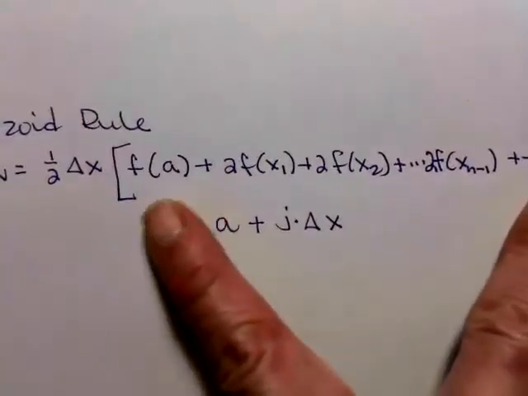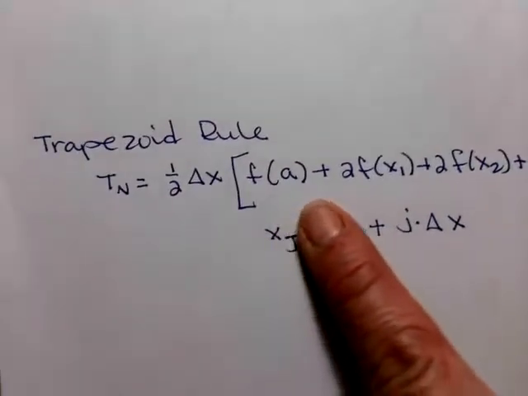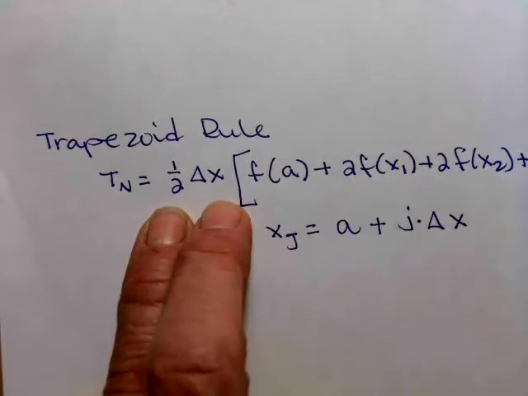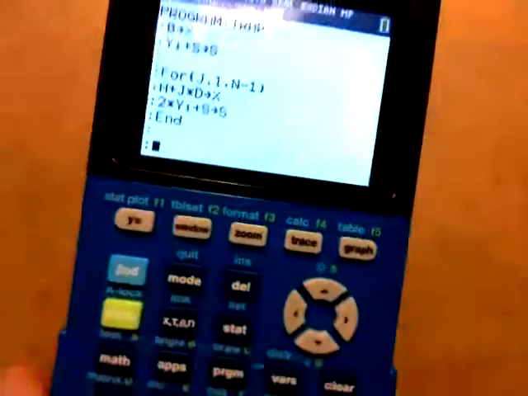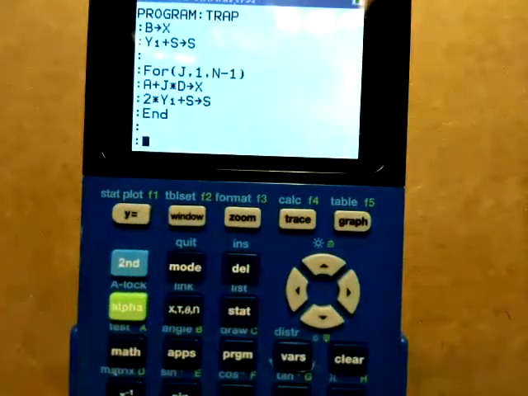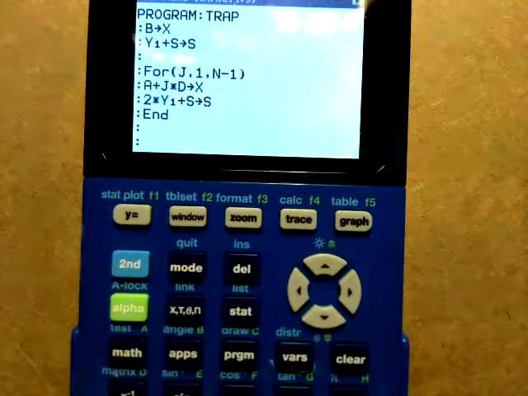Well, we're almost done. S is holding everything in my brackets. The next thing I need to do is multiply it by 1/2 times delta x. We can just display the answer; we don't need to do anything pretty.